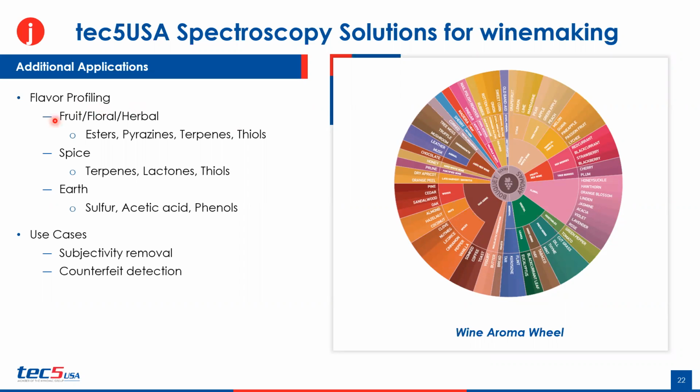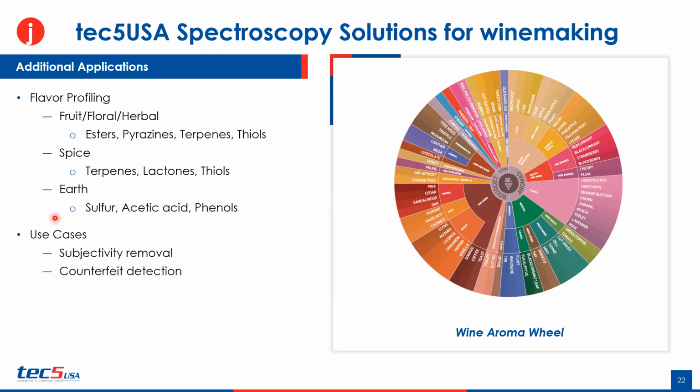Primarily in the fruit, floral, and herbal profiles, there are chemicals including esters, pyrazines, terpenes, and thiols, which all have fairly good near IR absorbance, as well as in the spice flavor profile. This includes, again, some terpenes, lactones, and thiols. And then in the earth flavor profile, this primarily includes sulfur, acetic acid, and phenols. All of this can contribute to the flavor profile of the end product.